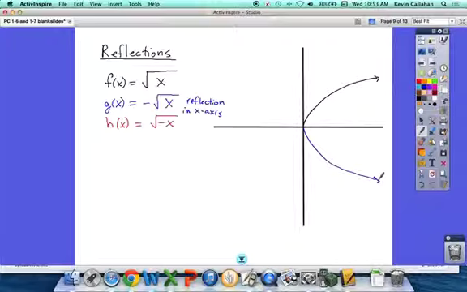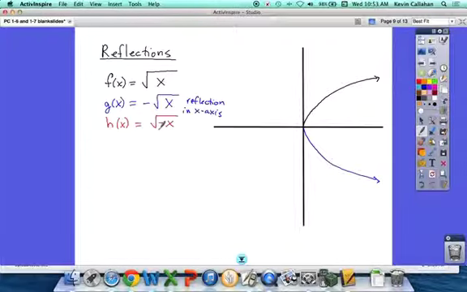But the one we don't do as much is what happens when you actually put the minus inside. That's the one which is a flip across the y-axis. Think of it like this. You can only take the square root of a positive number. When you stick a negative in front of the x, that means the x's better be negative, so when you put the minus in front, they're positive.